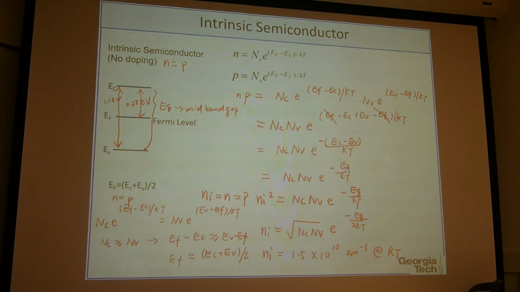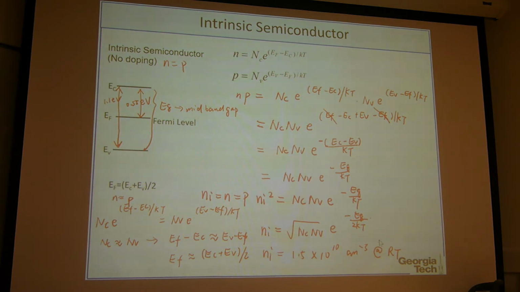So from here we can get the intrinsic carrier density Ni, and Ni is the square root of NC NV, times the exponential of minus half of the band gap over KT. If you plug in the numbers for NC, NV and EG, and with the room temperature KT, you will get Ni of 1.5 times 10 to the power 10 per centimeter cubed at room temperature.